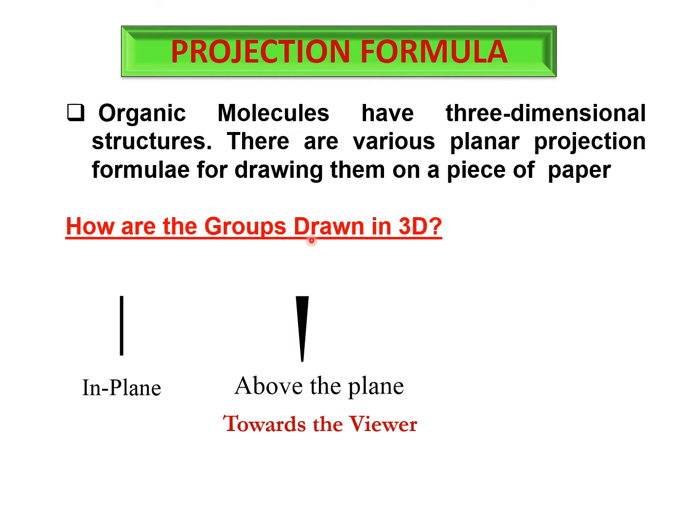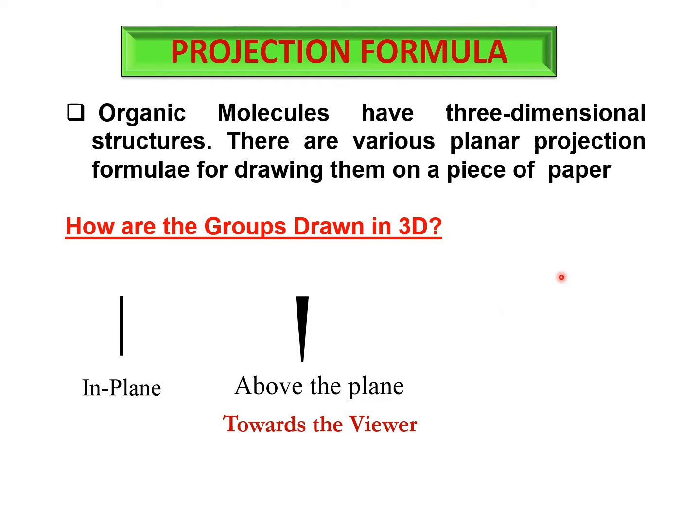You must have also seen such type of a bond. Now we call it a solid wedge. It looks like a wedge and it is filled inside. Now if you see any atom or group of atoms drawn with such a solid wedge, it means that that particular group or atom is above the plane. Now above the plane means it is towards the viewer. Right now you are sitting in front of your screen.